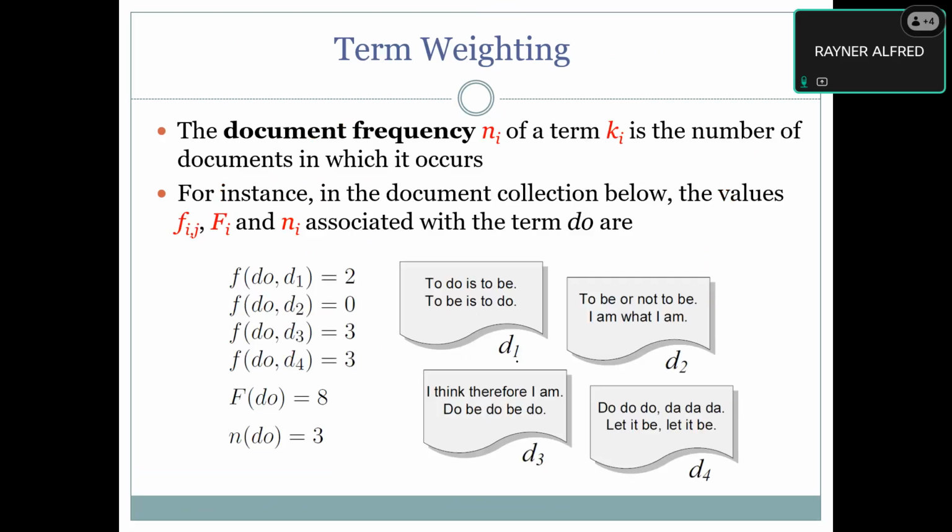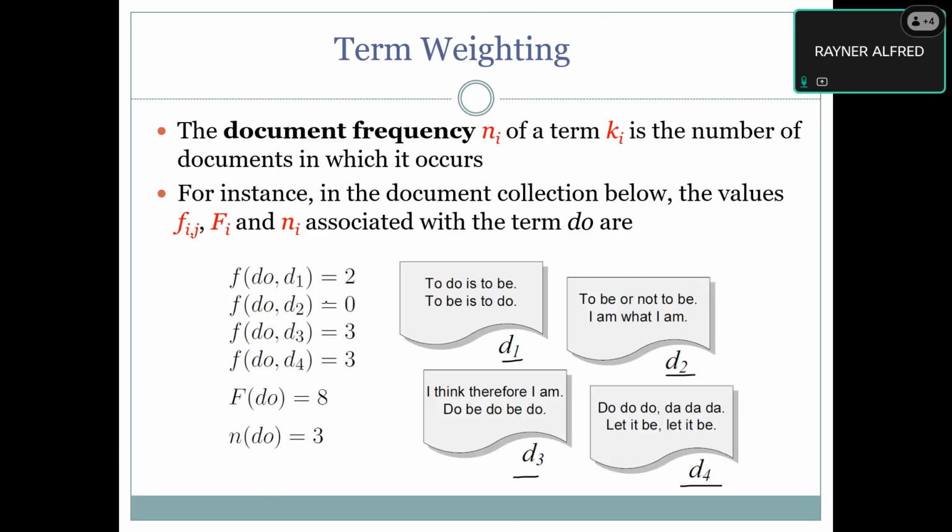Okay, for example, we have these 4 documents, D1, D2, D3, D4, and the document frequency Ni of a term Ki is the number of documents in which it occurs.